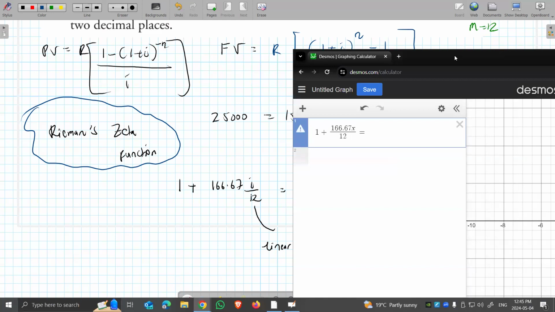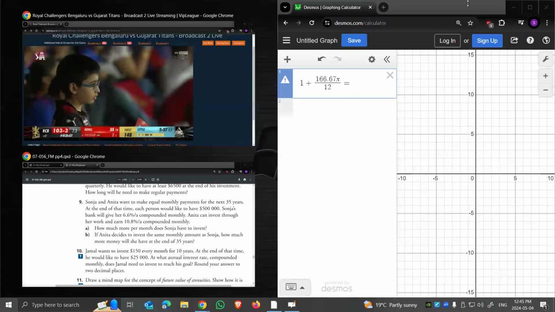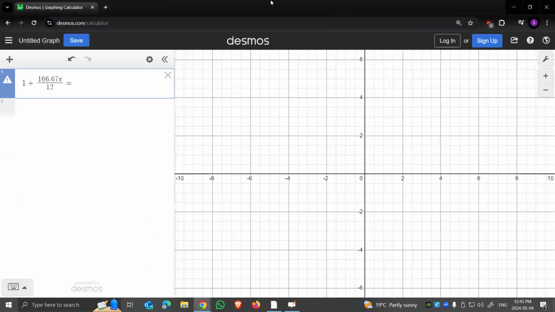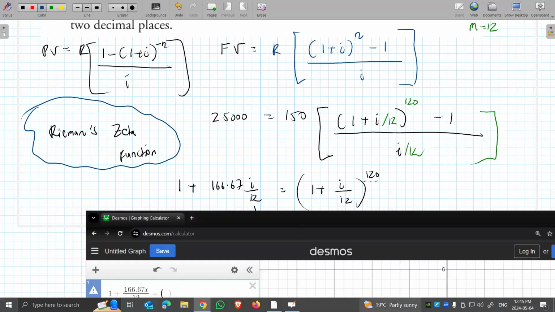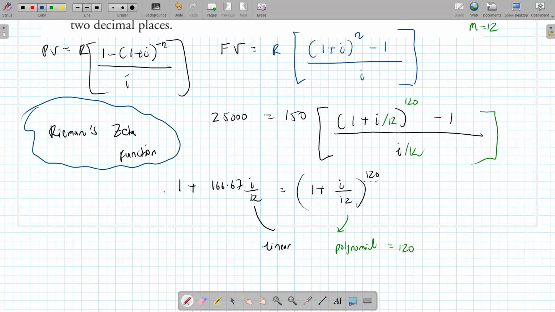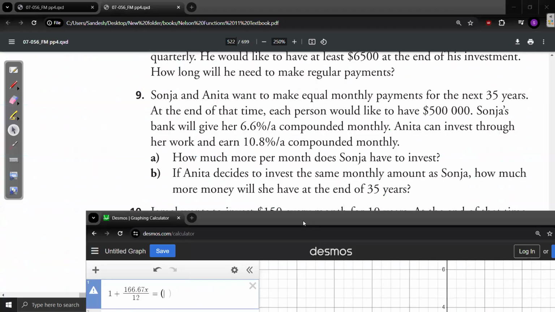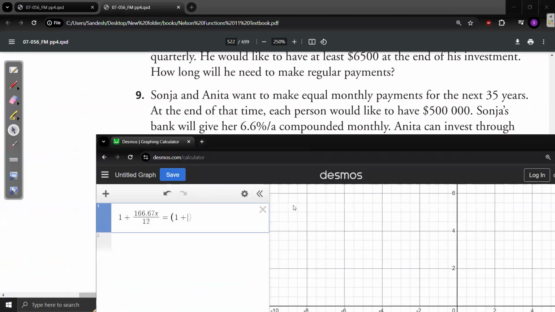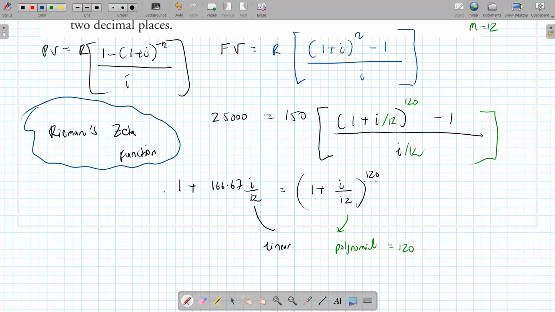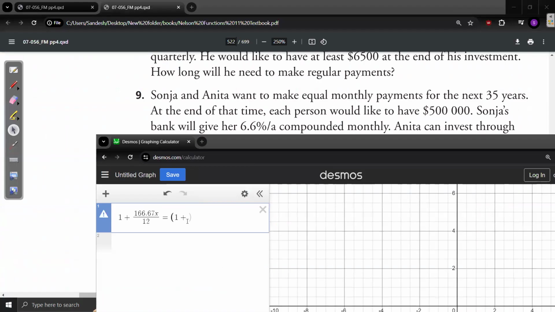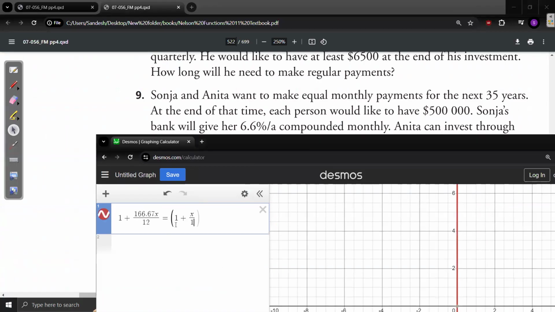On our right side, we're going to need a bracket here. It is 1 plus I over 12 to the 120. So 1 plus x, it doesn't understand I, so you want to do it like this.